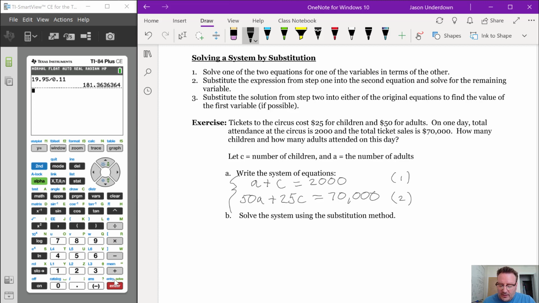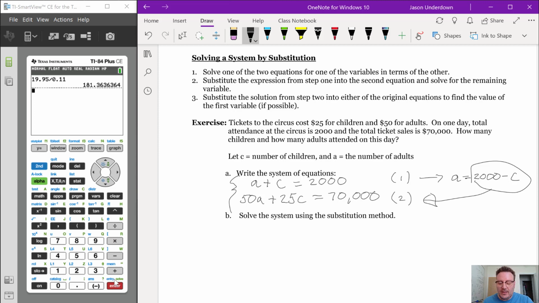I'm going to solve equation 1 for A. If I solve it for A, I get A is equal to 2,000 minus C. Now I know what A is equal to in terms of C, and I can plug that into equation 2.